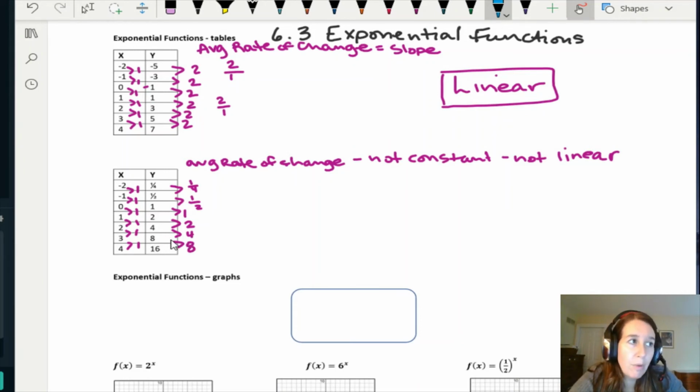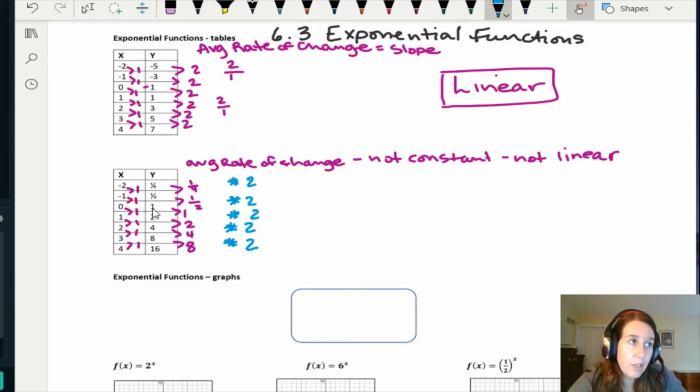Notice that from 8 to 16, we're multiplying by 2. We're doubling. And same with 4 to 8, we're multiplying by 2. And 2 to 4, multiplying by 2, 1 to 2, multiplying by 2. Then if you check in the fractions, 1/4 times 2 is 2/4, so that is 1/2.